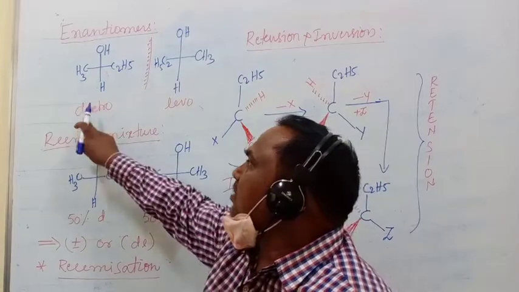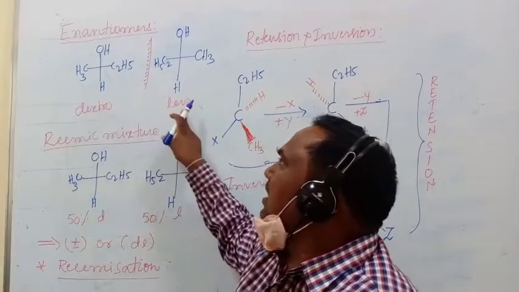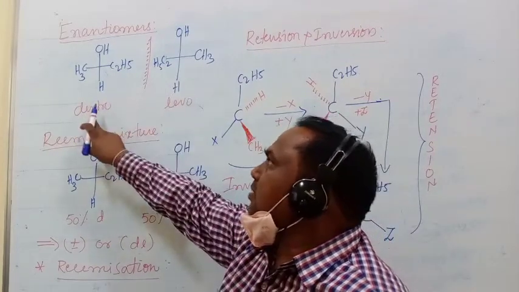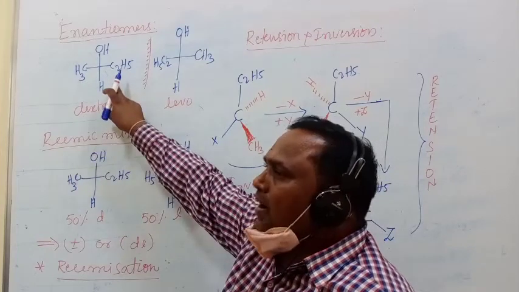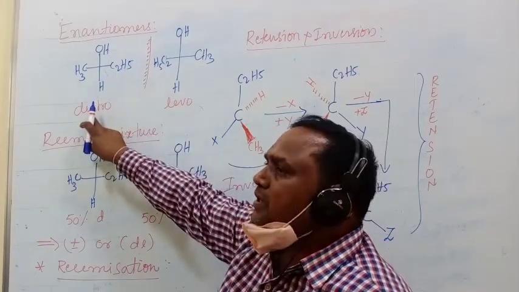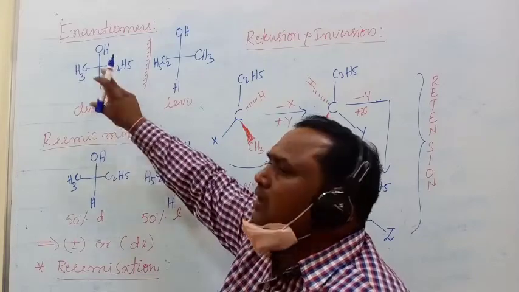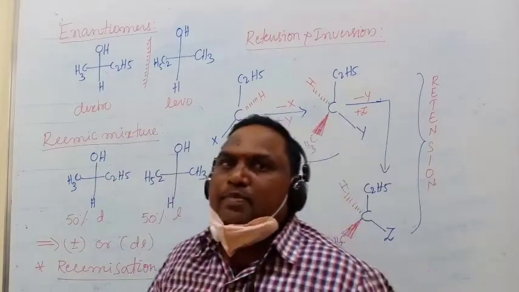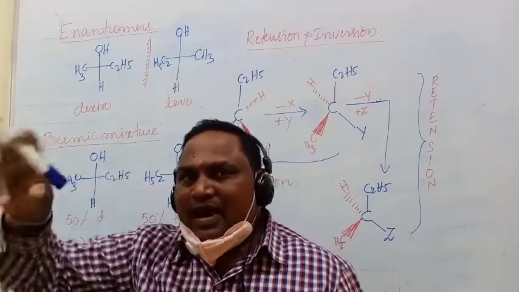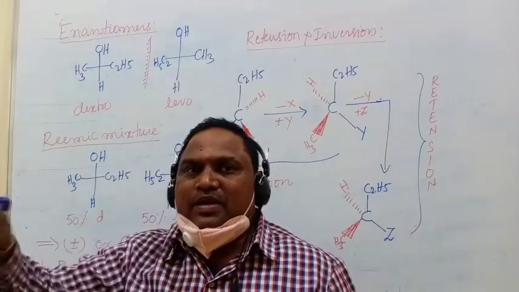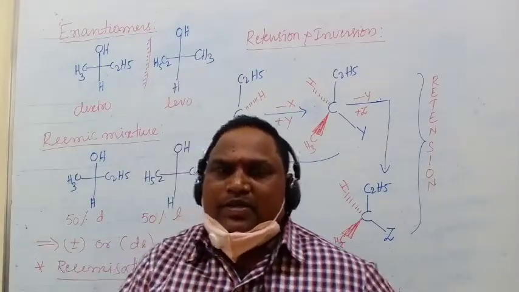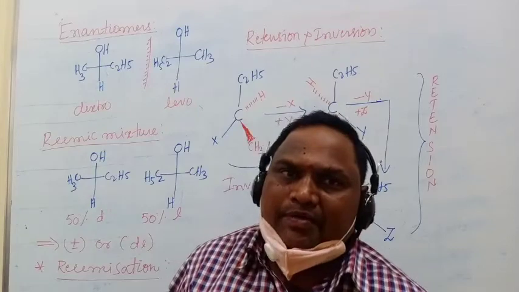Okay, for example, dextro compounds and levo compounds. Dextro rotation: this is one isomer. That means this isomer will rotate the plane polarized light towards the right side. Yesterday we studied this in optical activity.